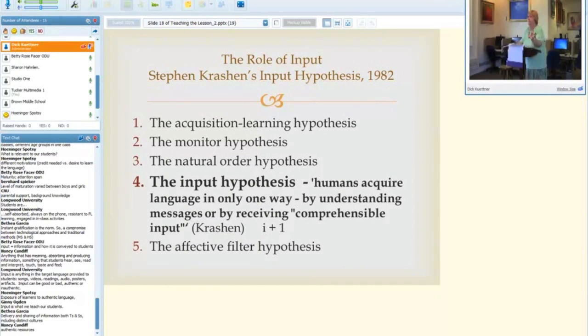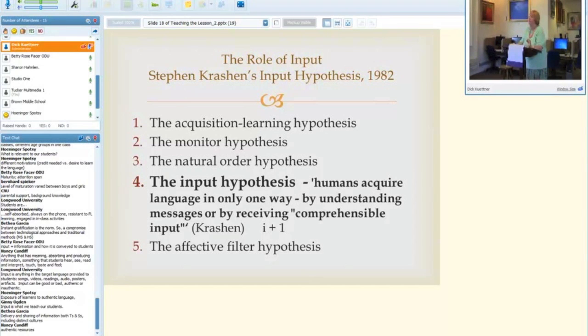But all of the others are important in input because a student's emotional reaction to what's going on in the classroom will either hinder or help facilitate the input that the student is getting in the classroom.